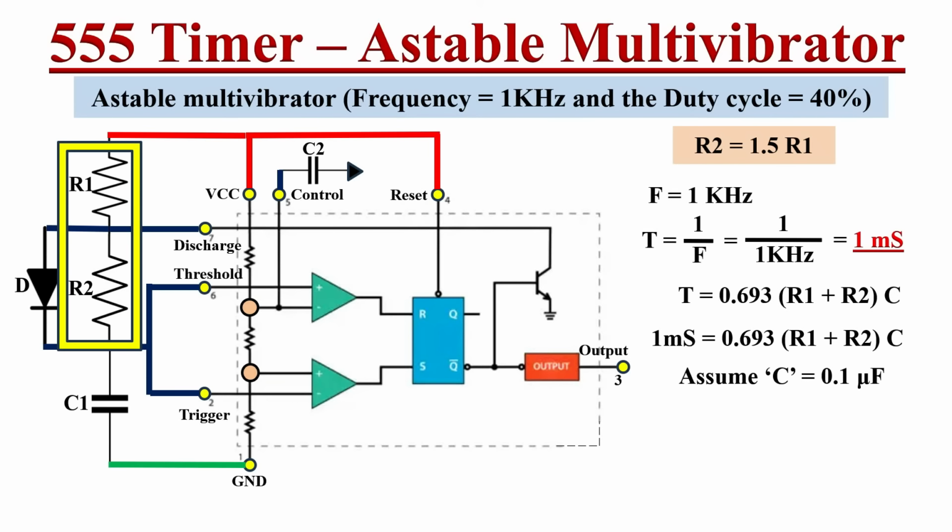Let's insert this C value in this time period formula. Then 1 millisecond equals 0.693 into R1 plus R2 into 0.1 microfarad.